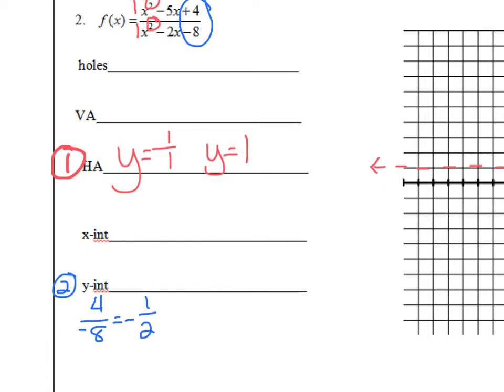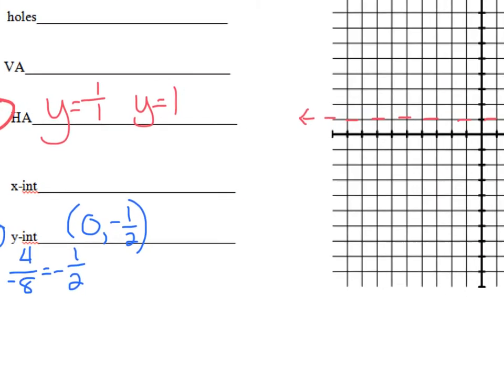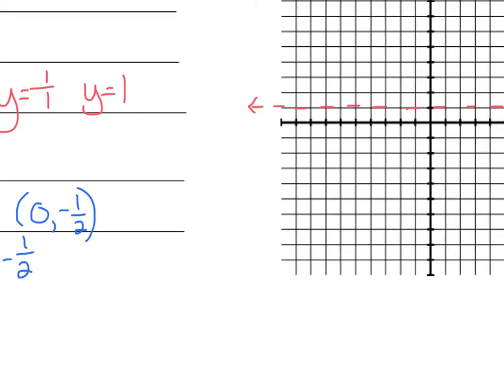Y-intercepts we write as an ordered pair, 0, negative 1/2. So now let's put that on the graph. So 0, negative 1/2 means just below the 0. And there's my first point. So now we've got two things graphed on here.